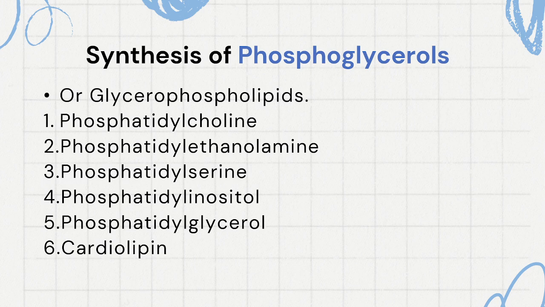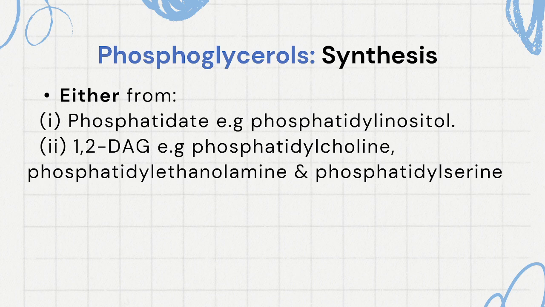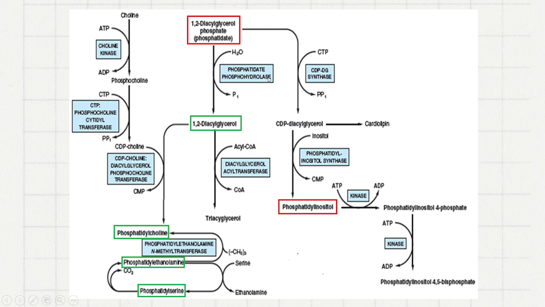Regarding the synthesis of phosphoglycerols or glycerophospholipids, they are either formed from phosphatidate, particularly phosphatidylinositol, or from 1,2-diacylglycerol. And particularly here, the ones that use 1,2-diacylglycerol are phosphatidylcholine, phosphatidylethanolamine, and phosphatidylserine.